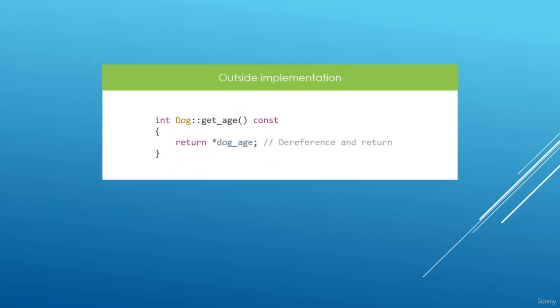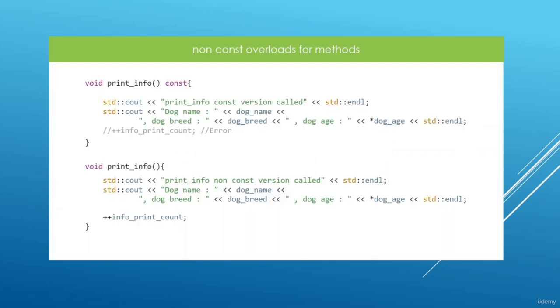If you happen to be splitting your function into declaration and definition and defining your functions on the outside, this is also going to work. You will need to add the const after your parameter list like you see here. Another thing I want you to know before we head over to Visual Studio Code and play with this is that you can overload your functions based on whether a member function is const or not. For example, here we have two functions.